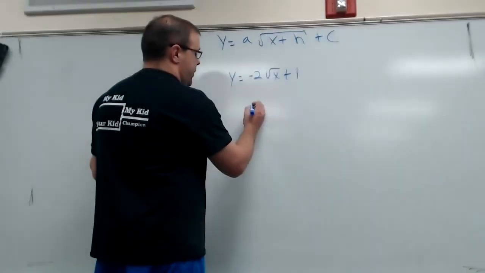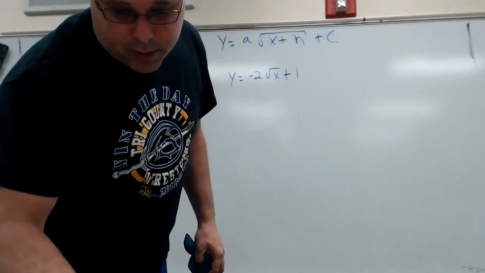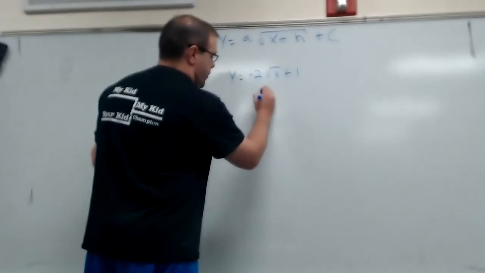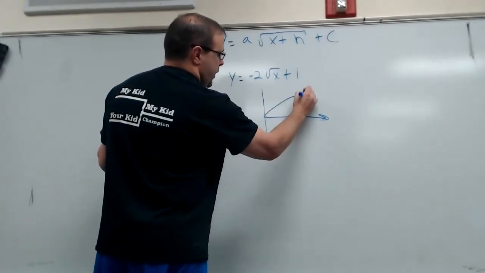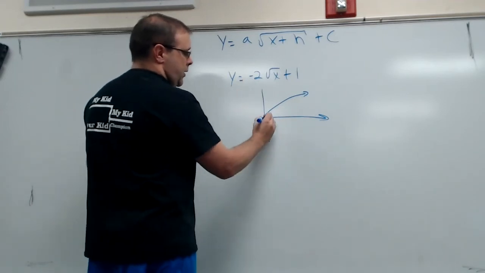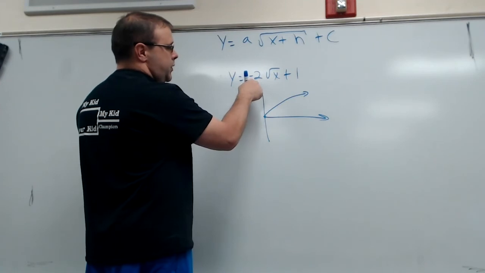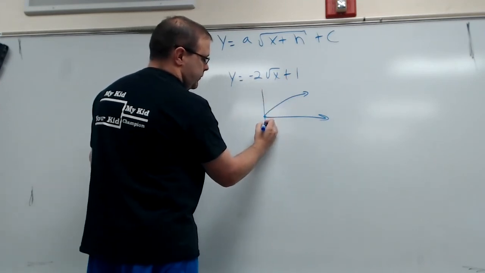Okay, so what do they want for this? Compare the parent to the regular. Okay, so the parent looks kind of like that. This one here, 0, 0. I put in 1, square root of 1 is 1, times negative 2 is going to be negative 2. Negative 2 minus 1 is going to be negative 1.